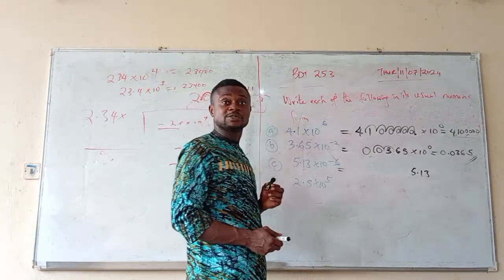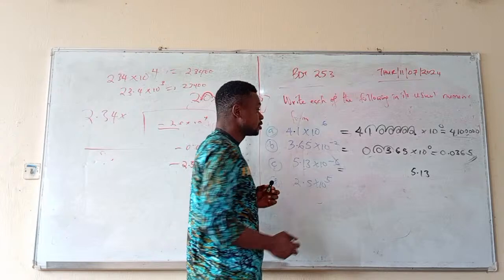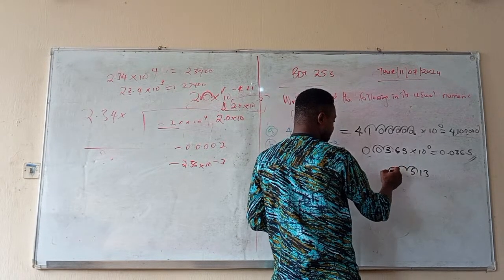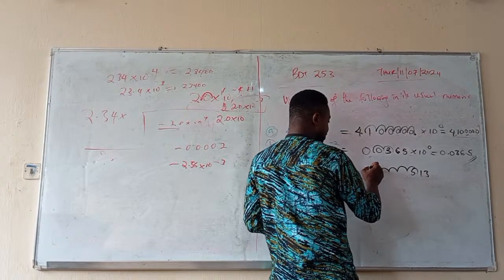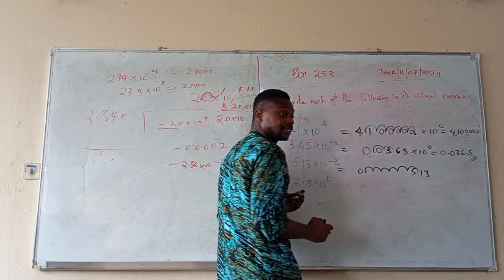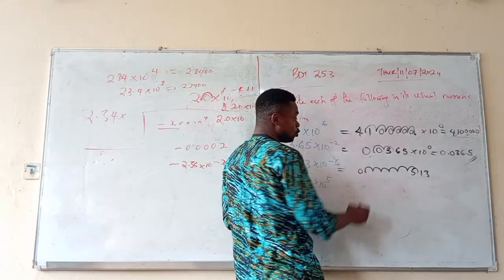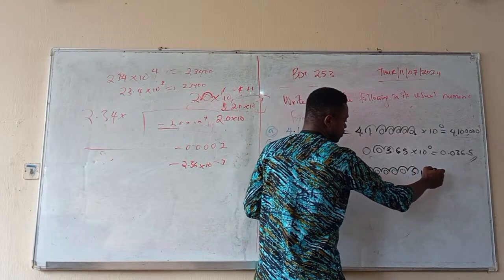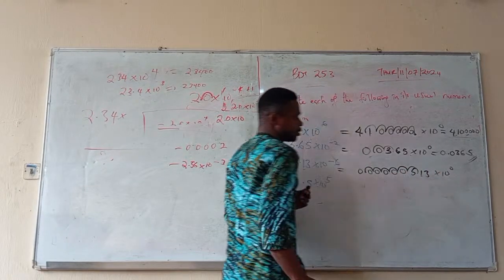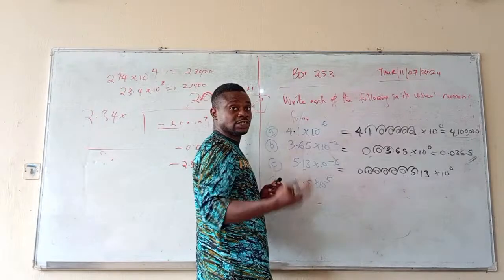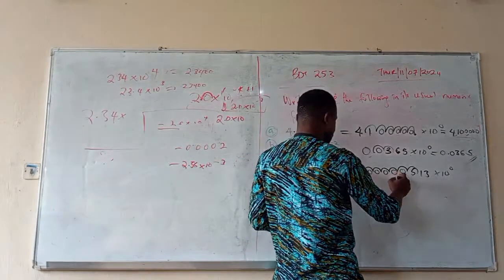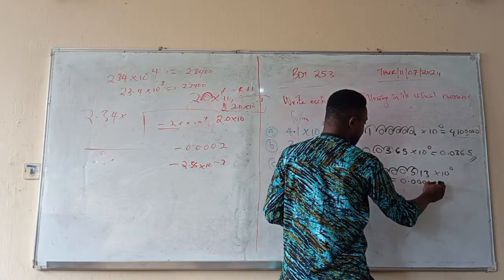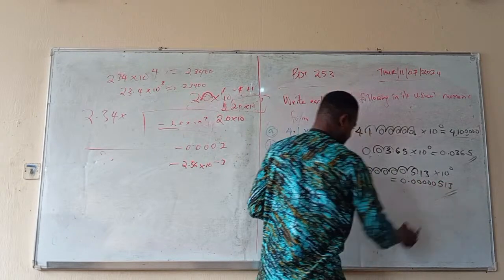So let's move 6 times to the left. 1, 2, 3, 4, 5, 6. That's my point here. 0 will be here, right? So let's fill in that space with 0. We have 0, 0, 0, 0, 0 times 10 to the power 0, which is 1. So we now have 0 point what? 1, 2, 3, 4, 5. 5, 4, 1, 3. That's the answer.